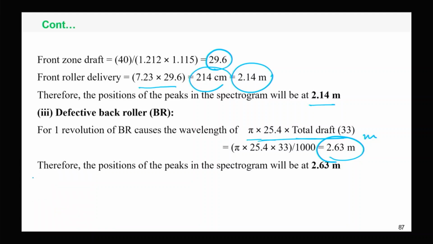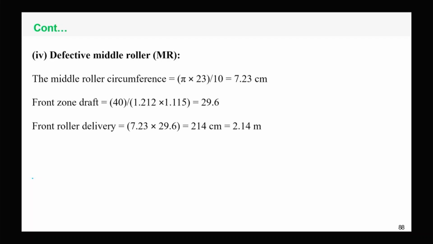And then the middle roller defective, that we have already seen, is in the same way. 23 millimeter diameter, so pi times the diameter is the circumference, and in centimeter divided by 10, so 7.23 centimeter is the circumference.